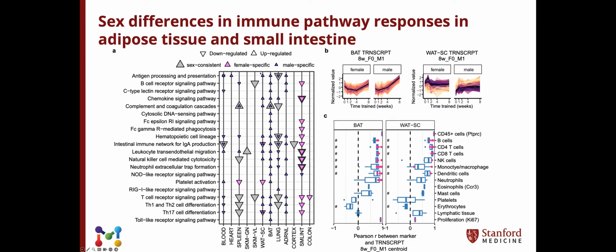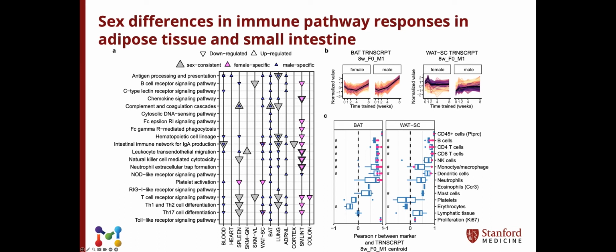So what we can see here is, for example, in the white adipose, we see a lot of pathways that are affected exclusively in males. Also here, where you see an opposite regulation in males and females. Same in brown adipose, where we do see an upregulation of a lot of different immune pathways that is specific to males.